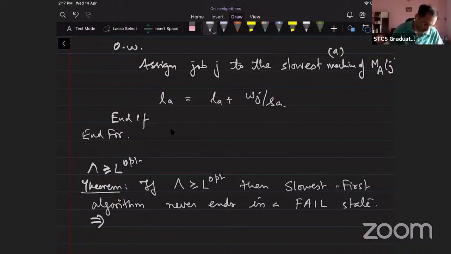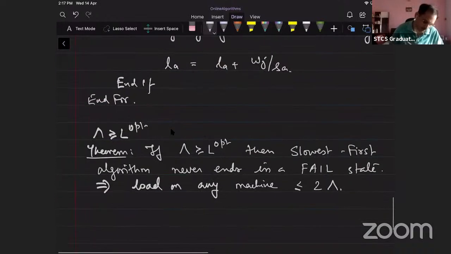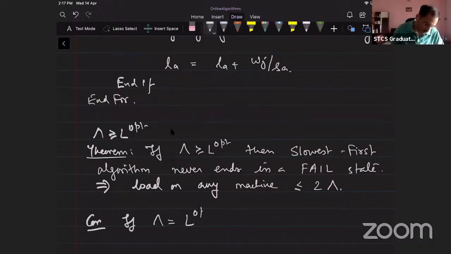The implication of this is that the load on any machine is always less than or equal to 2 times lambda, because at least one machine is assignable every time. So the corollary: if lambda is in fact equal to LOPT, then the competitive ratio of this algorithm is at most 2.